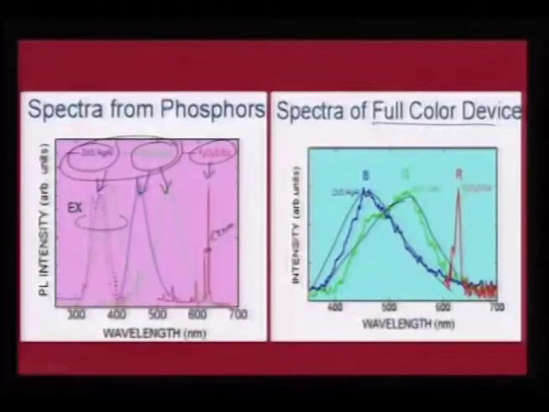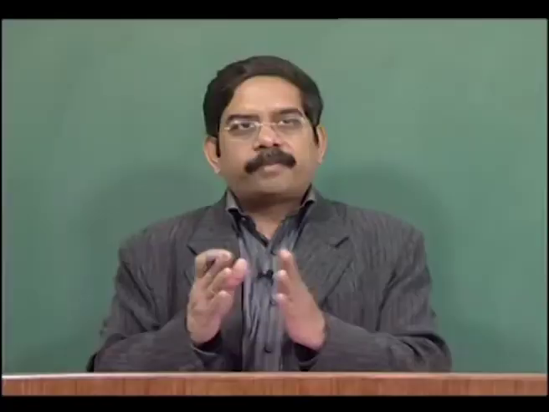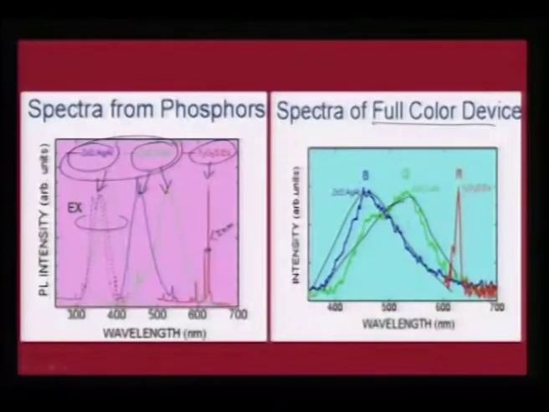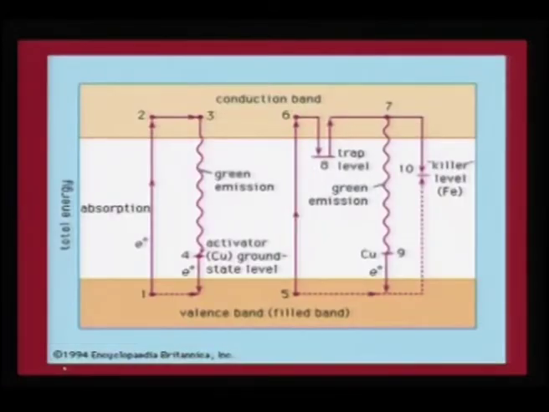Therefore, not just getting a narrow band emission, but mixing of these colors to get the full spectrum is very important. Therefore, the amount of dopant and co-dopant that you add becomes very important. And lastly, on the mechanism of how this zinc sulphide based phosphors operate, there are 2-3 things that can be dominant.